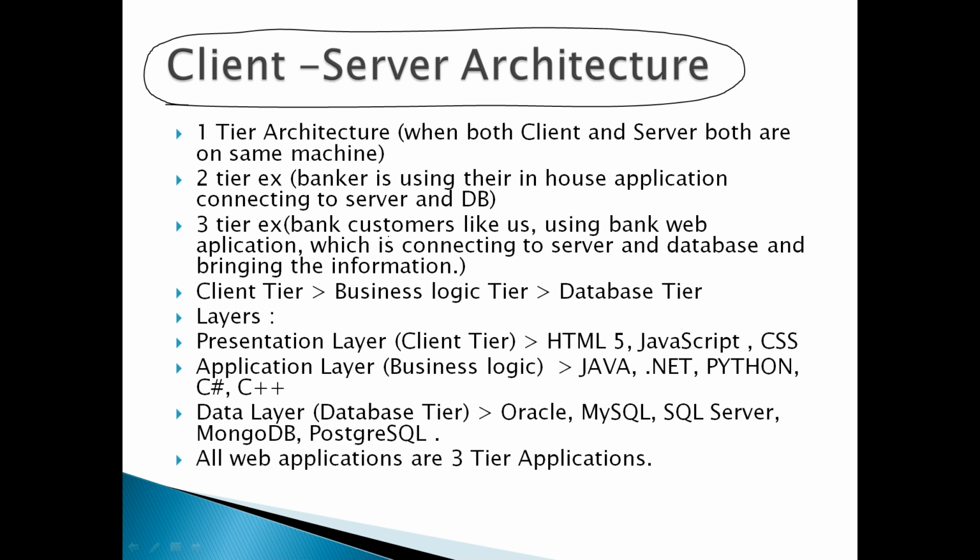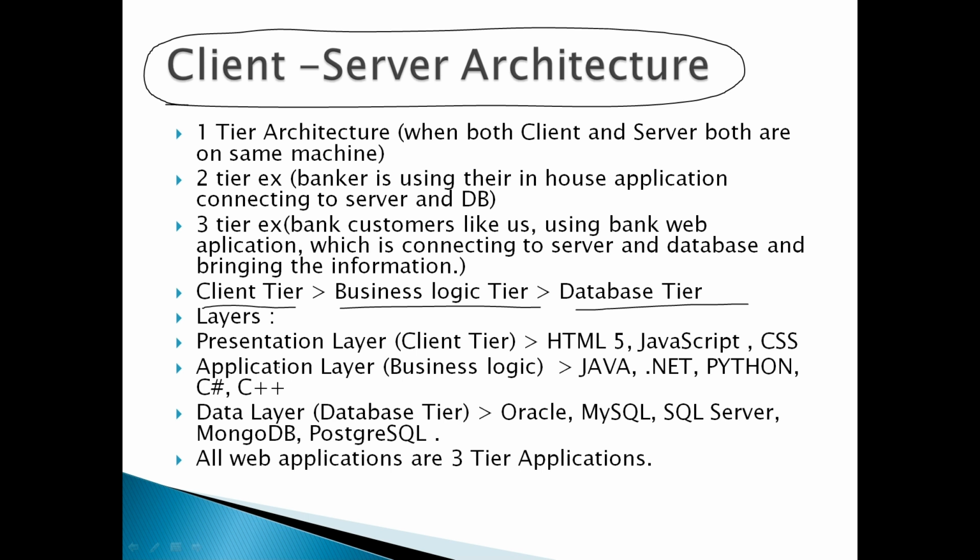Three-tier is, there is a banker, there is a customer, and customer is connecting to banking app using bank web application, which is connecting to server and database and bringing the information. So there is a client tier, there is a business logic tier, and there is a database tier. That is a three-tier architecture.